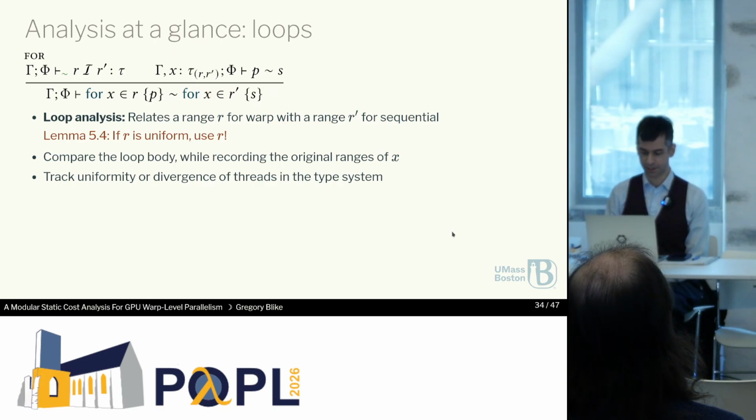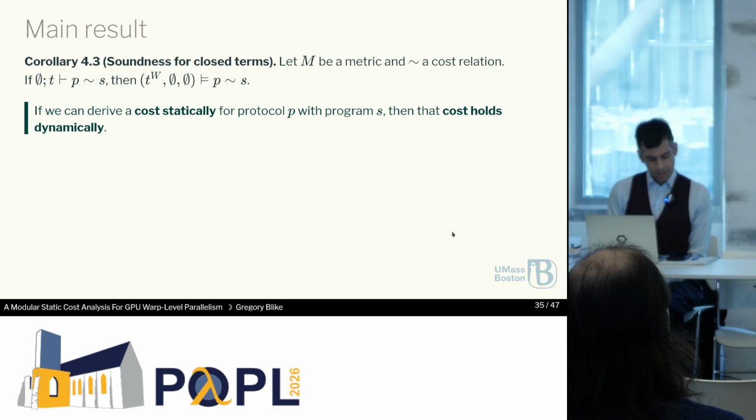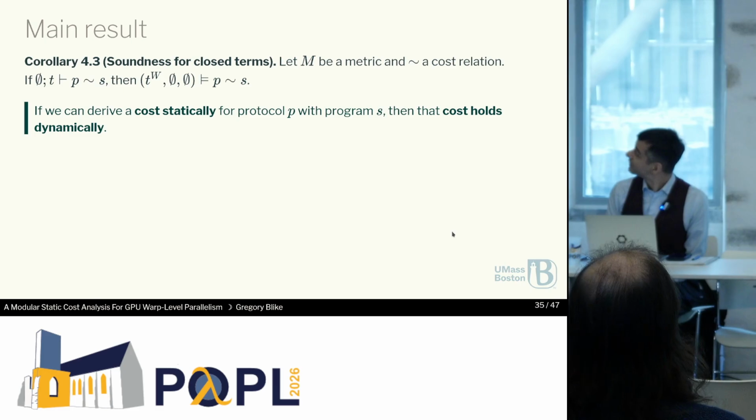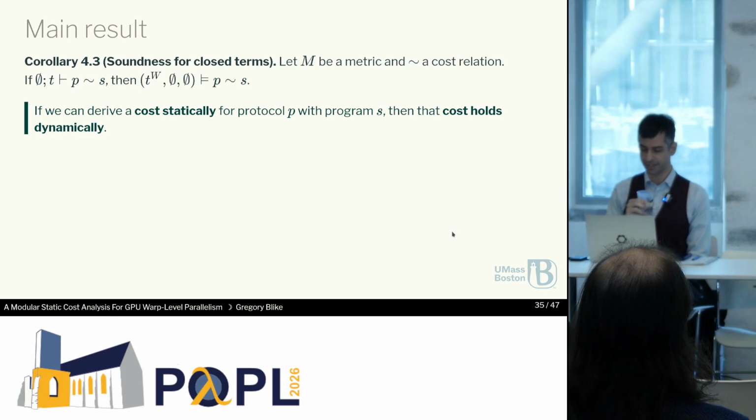We compare the loop body while recording the original ranges of X, and we track the uniformity and divergence of the threads in the type system. And so our main result here: given a metric and a cost relation, if we can derive the cost statically for a protocol P and a program S, then that cost holds dynamically.